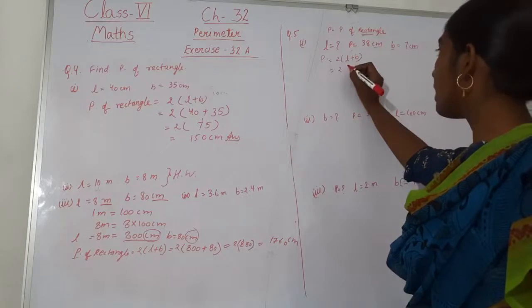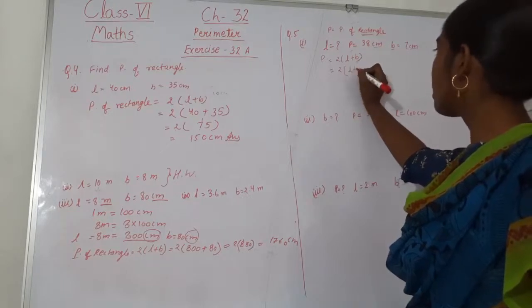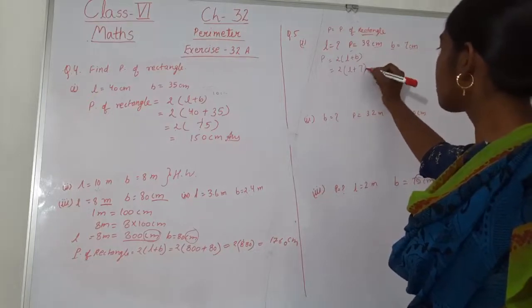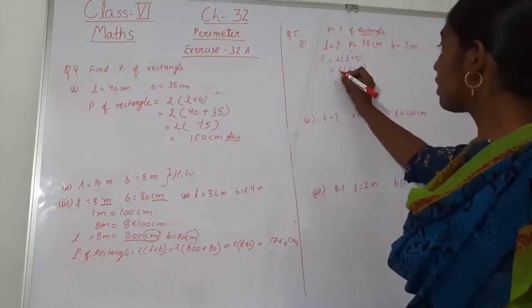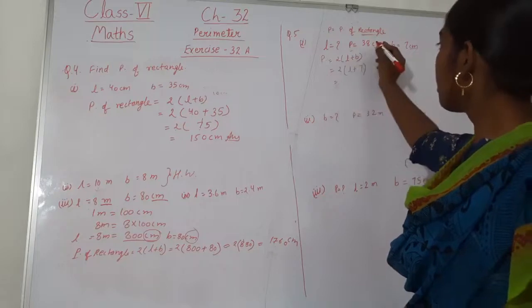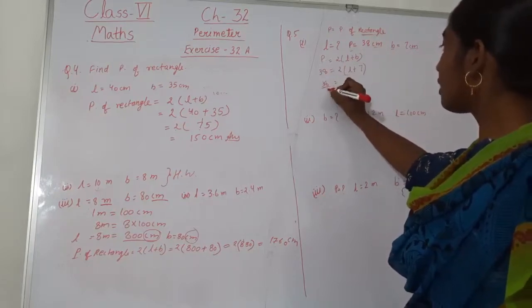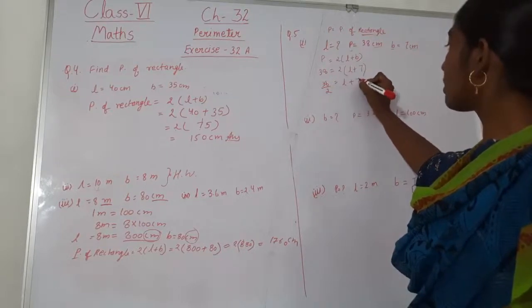L is not given, breadth is given, 7 centimeter. This 2 is in multiply, so it will go and divide. Perimeter is 38, so 38 divided by 2 equals L plus 7.